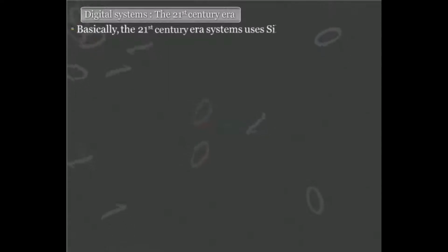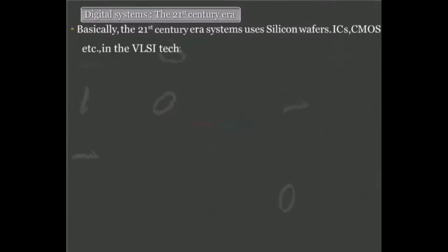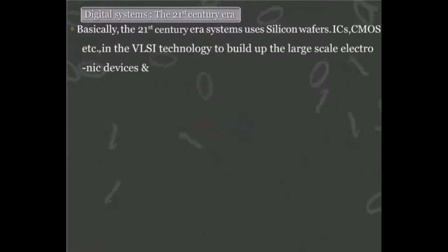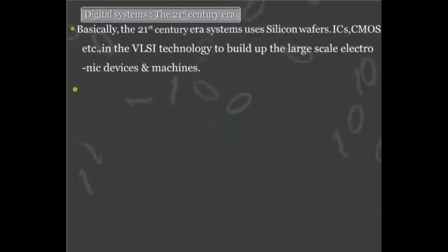Digital systems, the 21st century era. Basically, 21st century systems use silicon wafers, ICs, CMOS, etc. in VLSI technology to build large-scale electronic devices and machines.